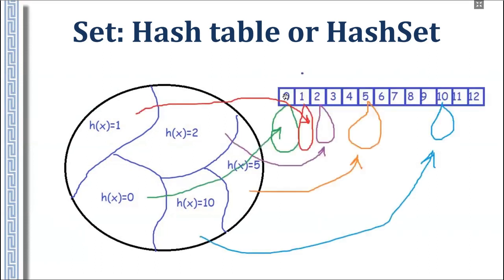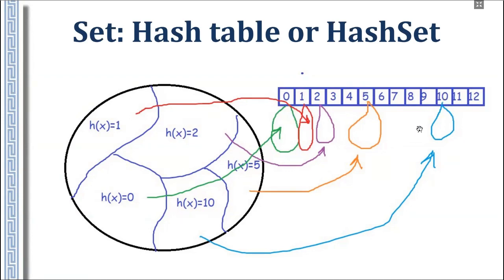We have this array with these possible indexes, possible hash values, and we put all elements of our set with that hash value to this index. We put all this part here, all this part here, and so on. It is like we split our big bag into several small bags and put them into the elements of our array with indexes that are hash values.